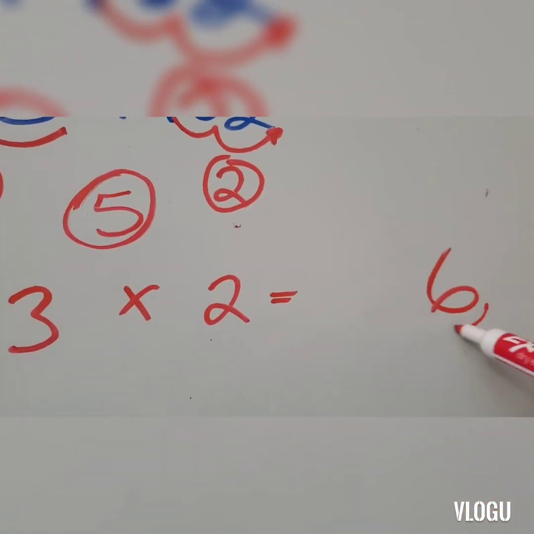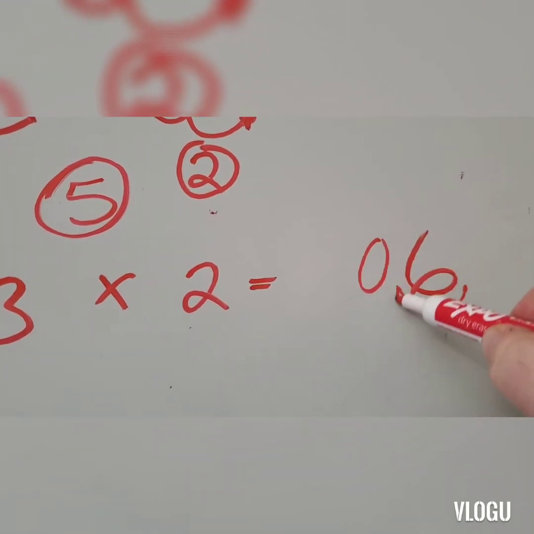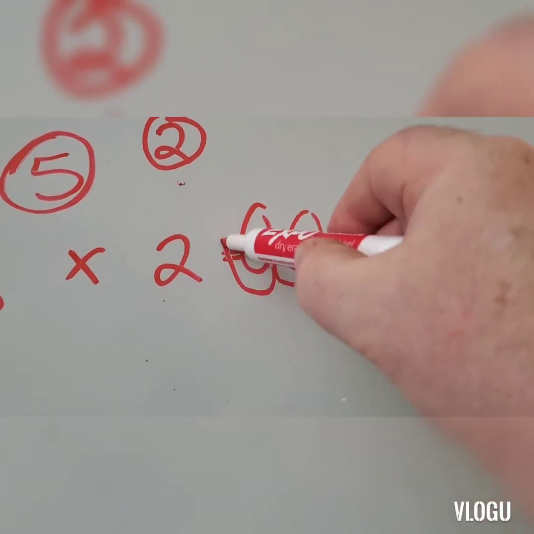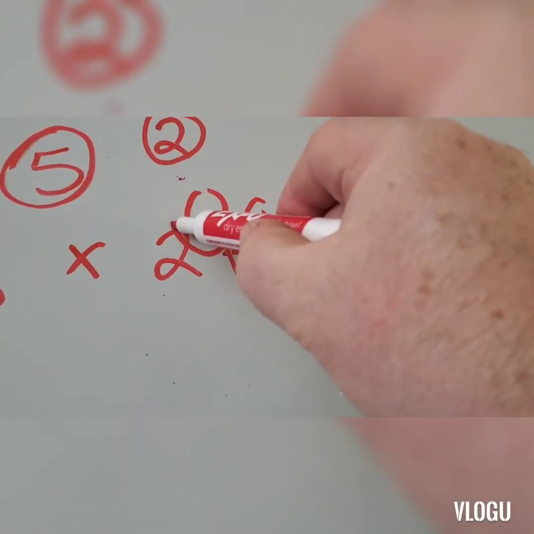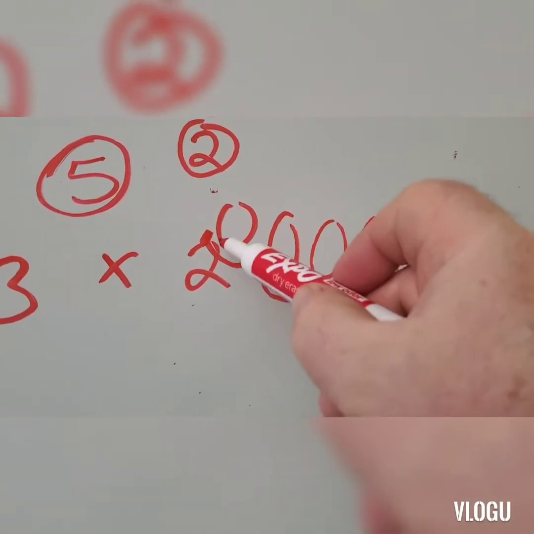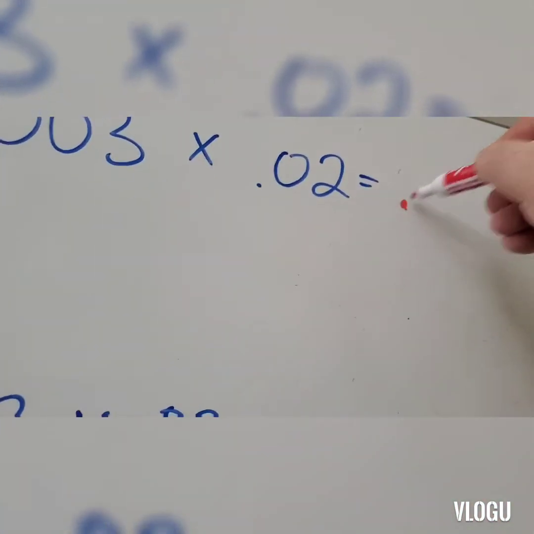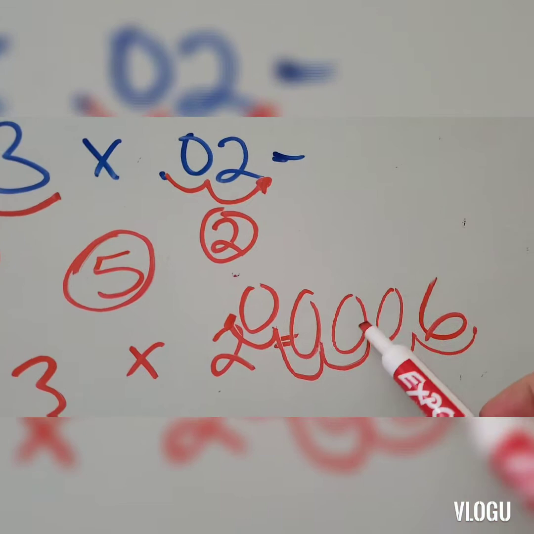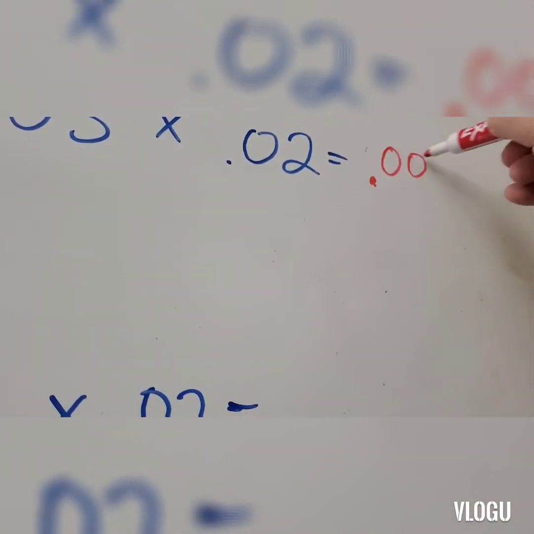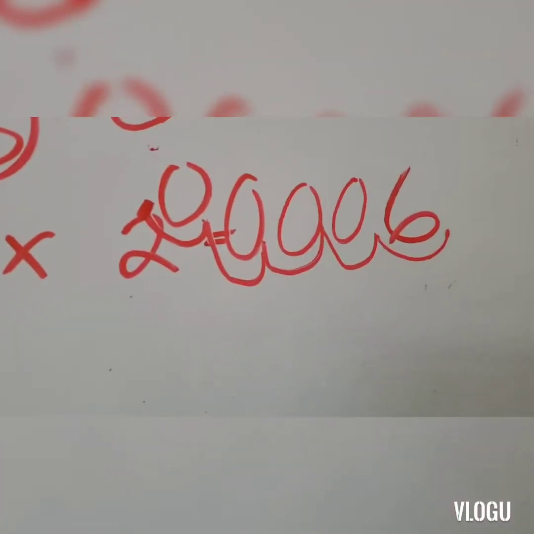So 1, 2, 3, 4, 5. 1, 2, 3, 4, 5. So my answer is a decimal with 1, 2, 3, 4 zeros, and a 6.